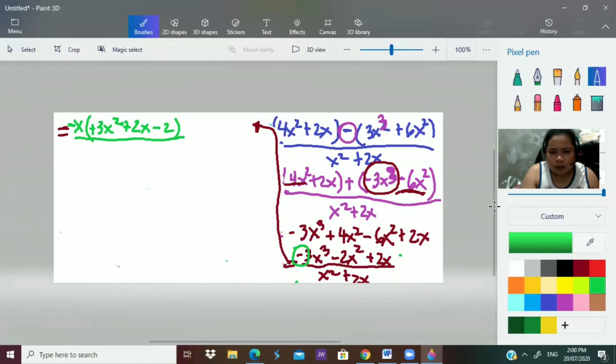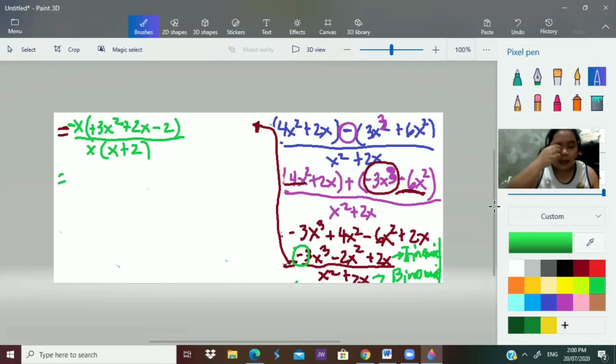Remember, ito po ay trinomial. Magkakasama yung mga yan. Ang treatment natin dyan ay trinomial. Ang treatment mo dito sa ilalim, binomial. Hindi mo sila pwedeng i-treat na puro monomial. So the same with this, ilalabas mo rin yung x, so you have x times x plus 2. Okay. Pag ikaw ay sanay ng kumilala ng mga klase ng factoring, magiging madali sa'yo. Kaya nga sabi ko sa umpisa ng video, you keep on practicing, practicing, and practicing.